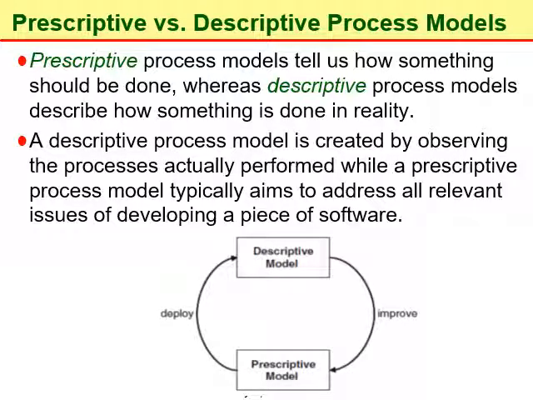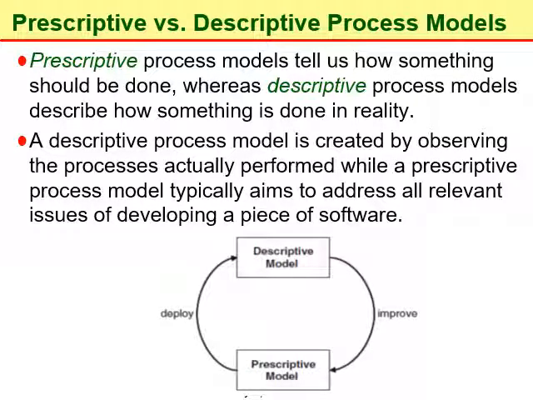So for that, we first need to understand the difference between the prescriptive and descriptive process models. Prescriptive process models tell us how something should be done, whereas a descriptive process model describes how something is done in reality.